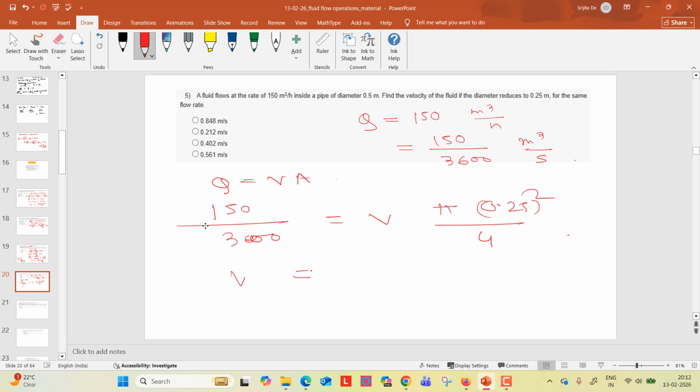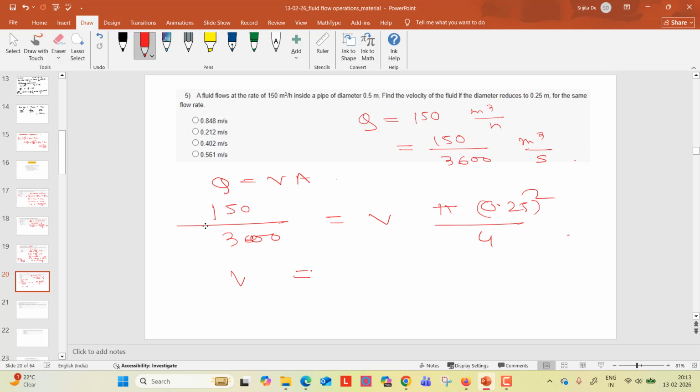For this we have to calculate 150 by 3600 into 4 by 3.14 by 0.25 whole square.